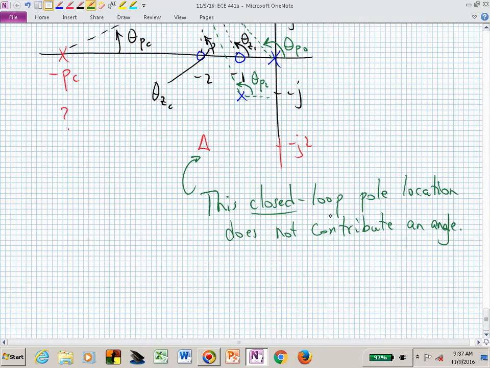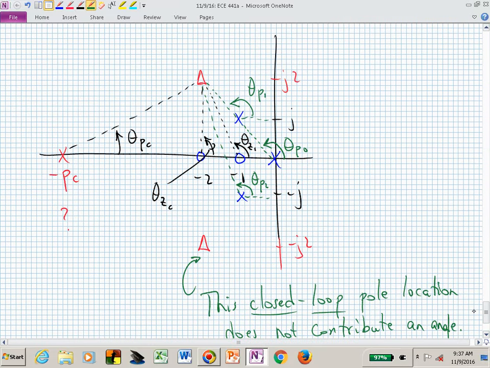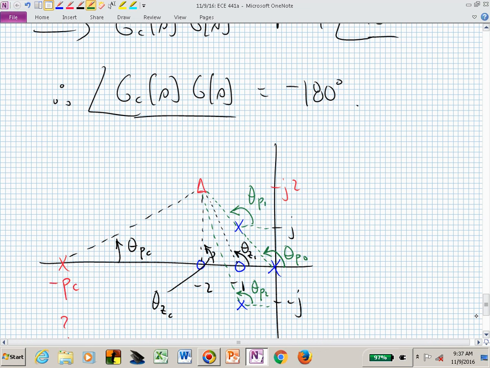We really only calculate the angles based on the open loop poles and zeros, and we want those to algebraically sum to minus 180 degrees.